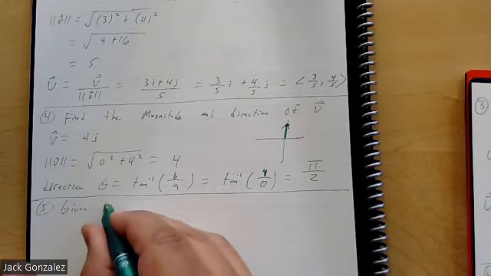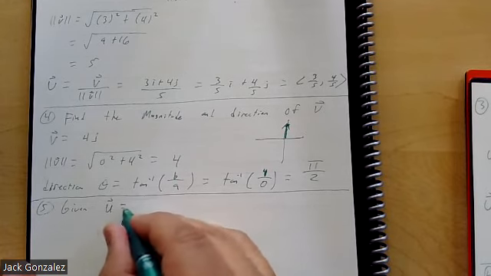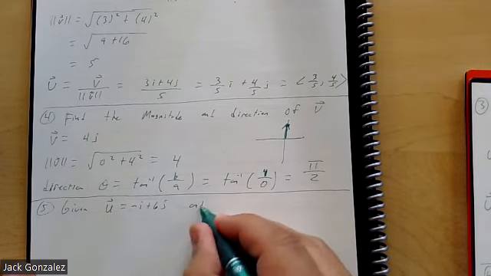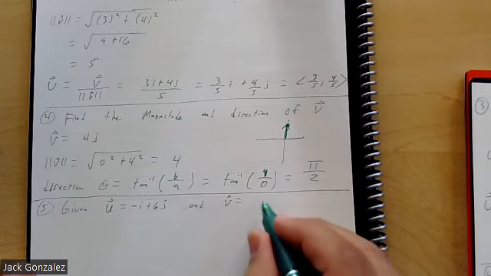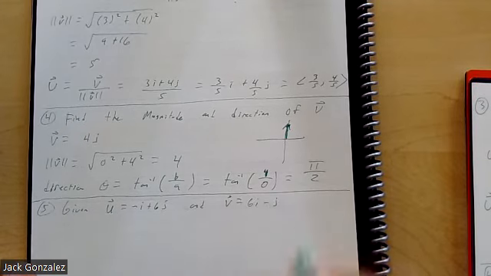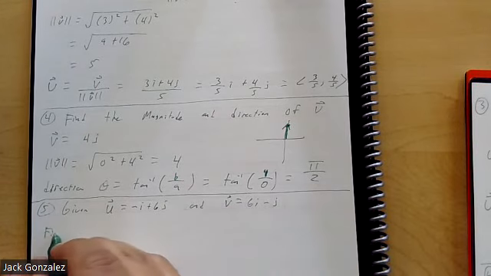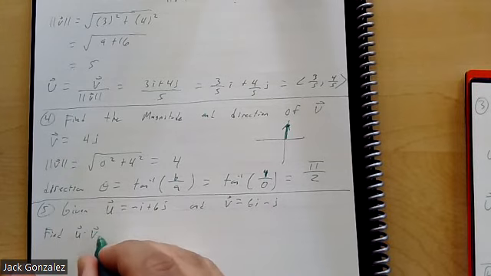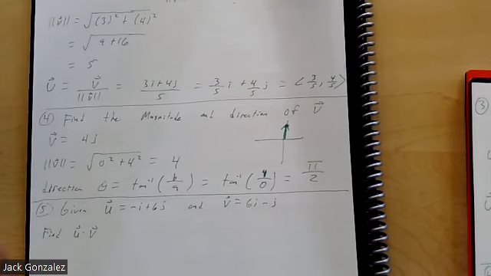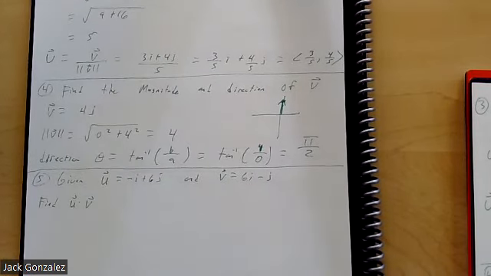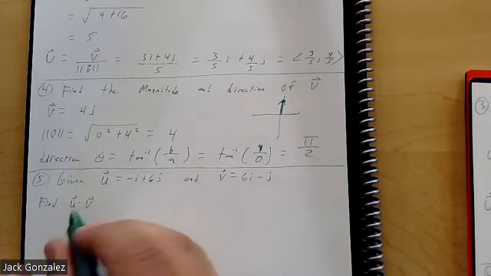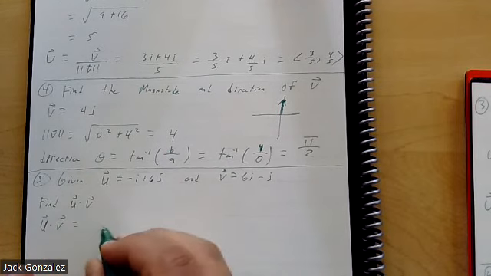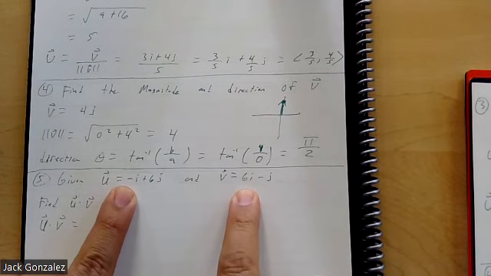Let's do another one. Given u equal to negative i plus 6j and v equal to 6i minus j, find u dot v. So remember that u dot v means you're going to multiply the i's together, the coefficients.